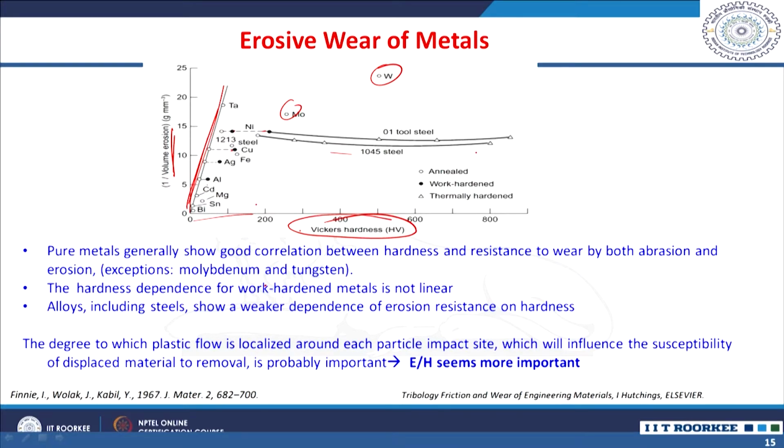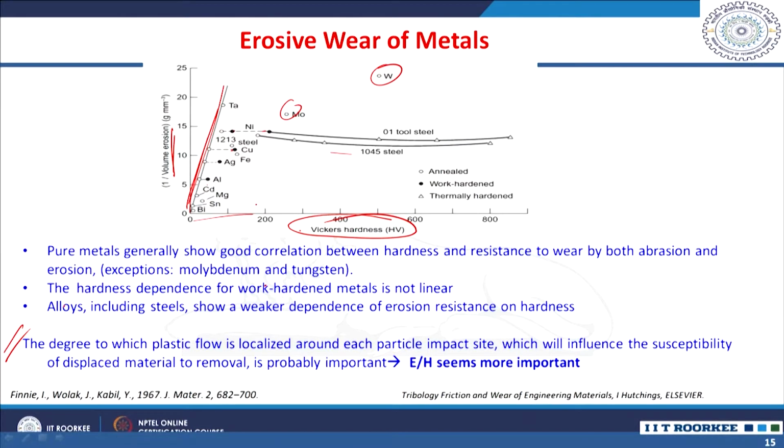That gives a very important observation that it is not only the hardness that determines the erosion. If you want to select a material with higher erosion resistance, you have to see not only the hardness but also the elastic modulus of that material.